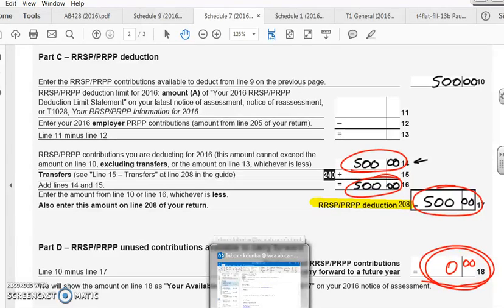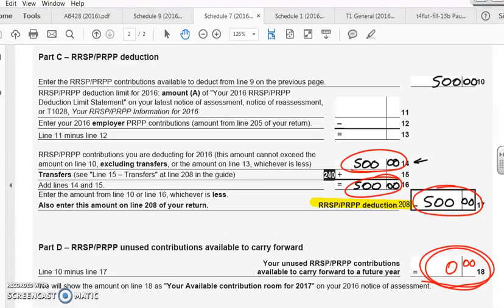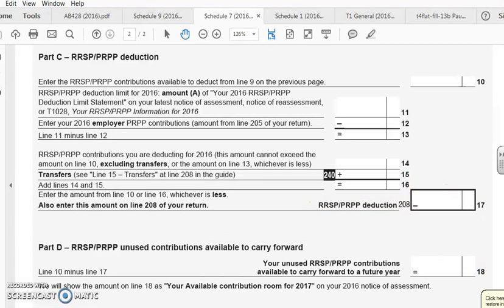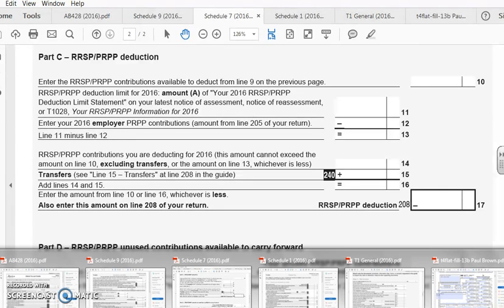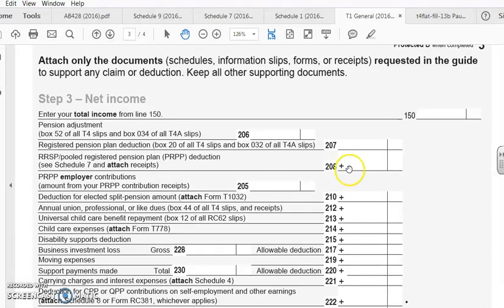But in this case, we're just following it this way. And so when we go back to our T1 General, we see line 208. $500 is what we're putting here, which we got from our Schedule 7.